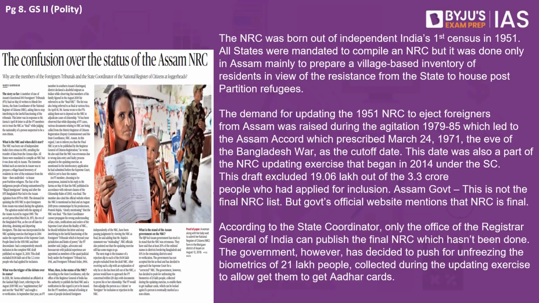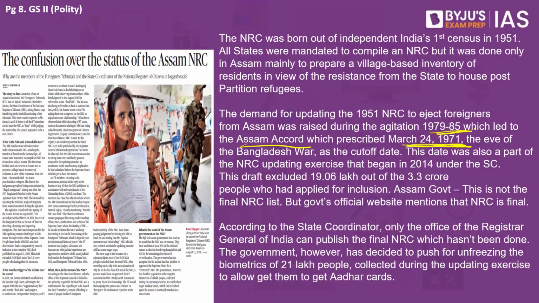This entire agitation took place between 1979 and 1985, which led to the signing of the Assam Accord between the central government and the leaders of this Assam agitation. Under this accord, it was decided that whoever entered India from Bangladesh after March 24, 1971 would be considered as an illegal immigrant and that person would be sent back. The people who came to Assam before this date would still be allowed.